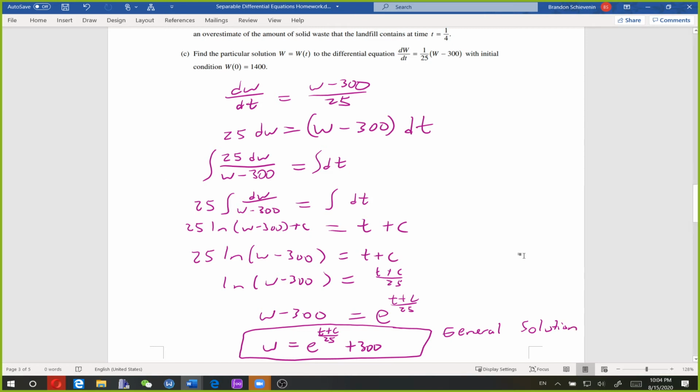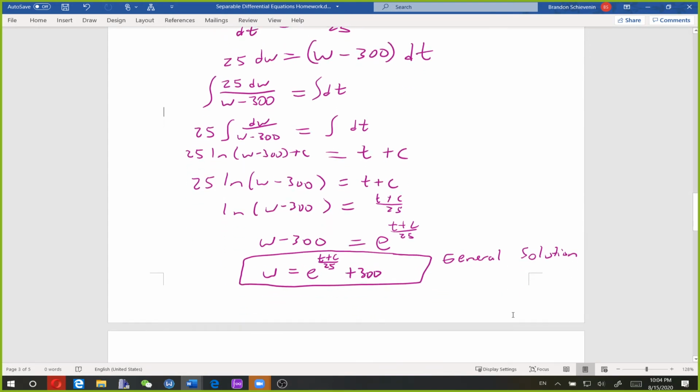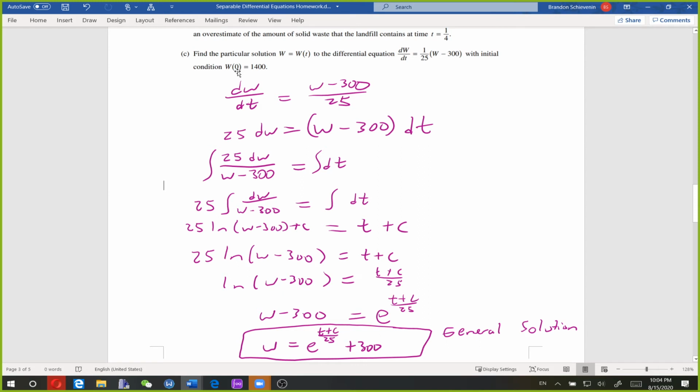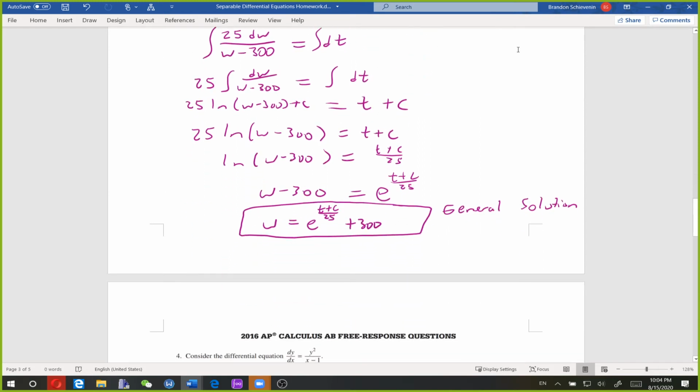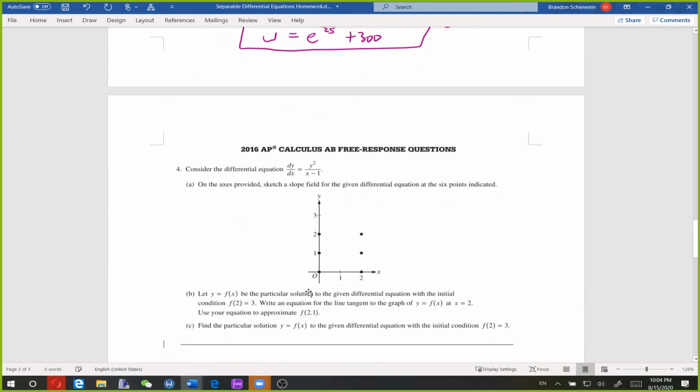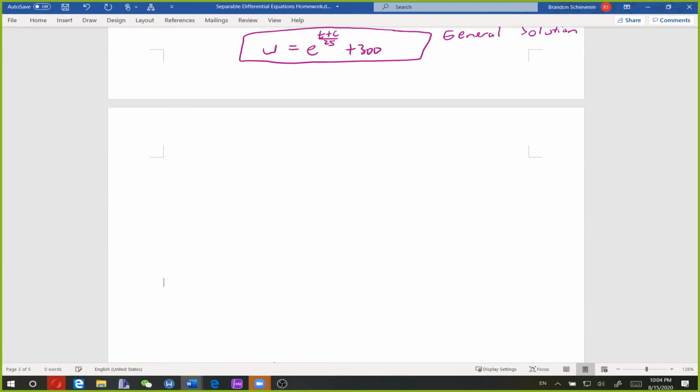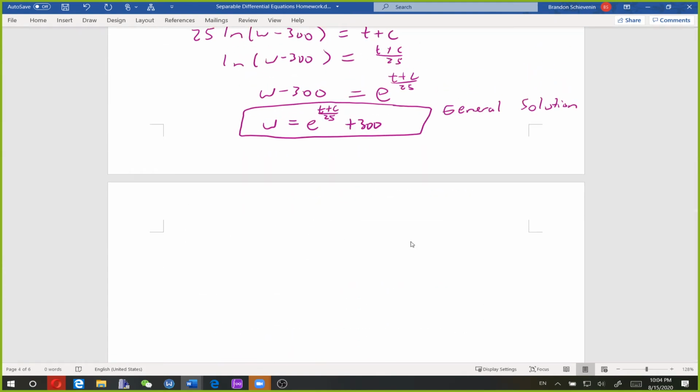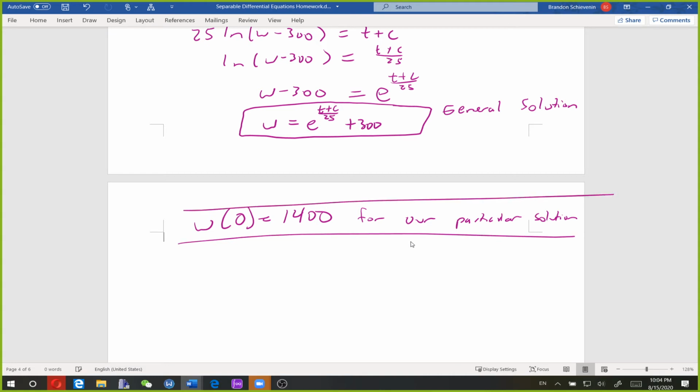Okay, Kelly, you're up. Now that I know this general solution, how would I get the particular solution that passes through the point 0, 1400? Plug it in, perfect. Okay, so passing through the point 0, 1400.